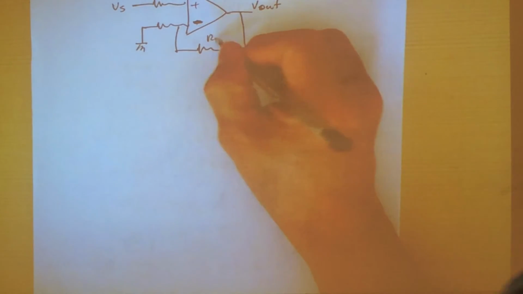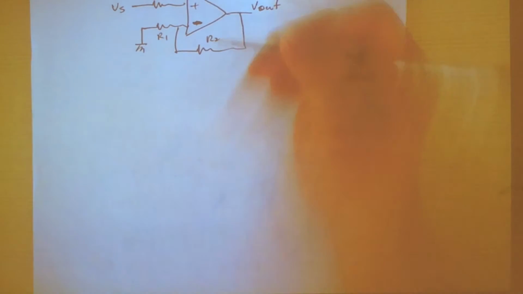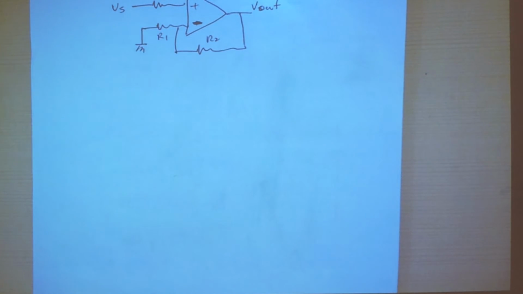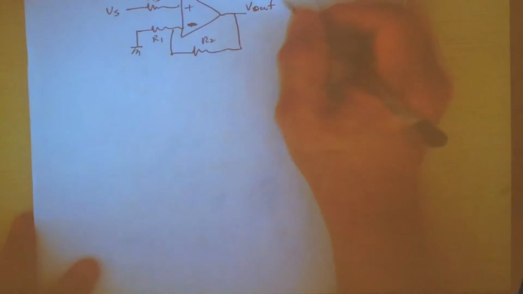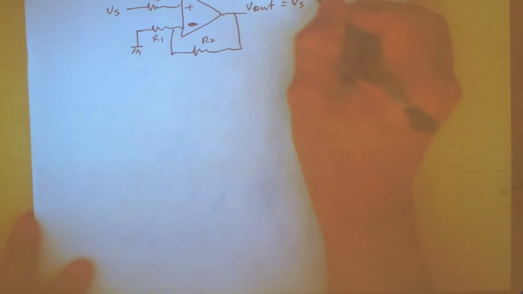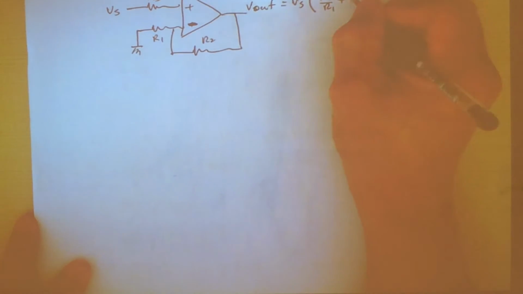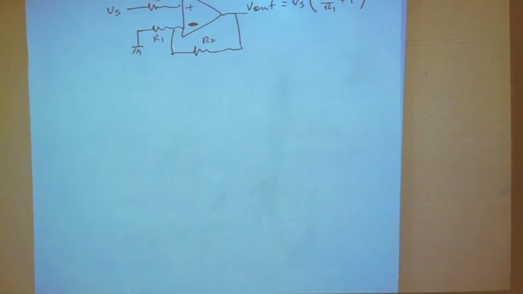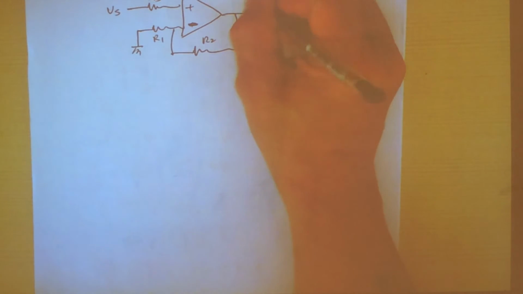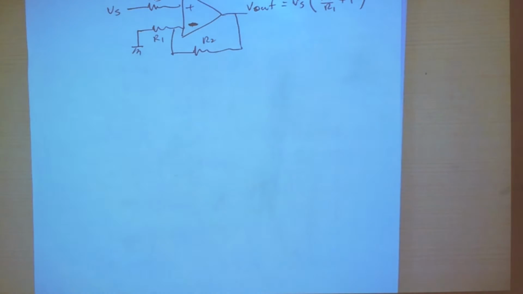When this is R2 and this is R1, and the op-amp is treated as ideal, we can find out the voltage at the output. Basically, this is Vs times R2 over R1 plus 1, the non-inverting gain. Agreed? So this is part A. Realize that the resistor Rs does not play a part.